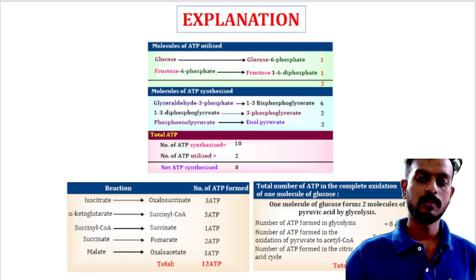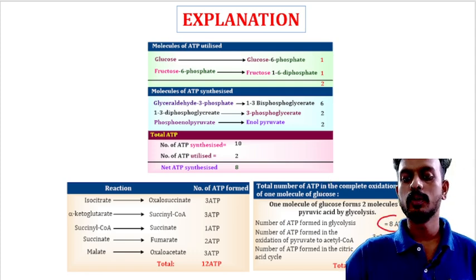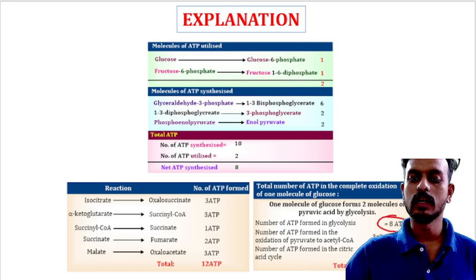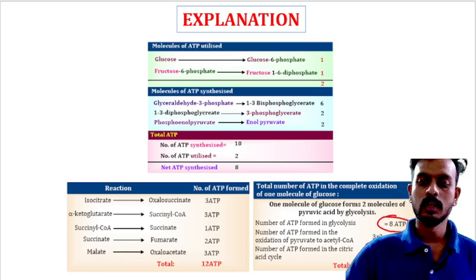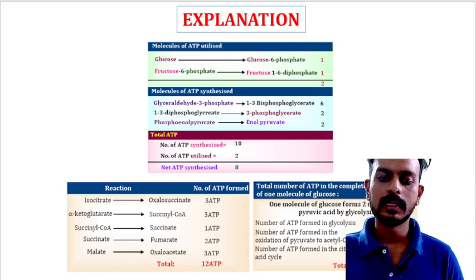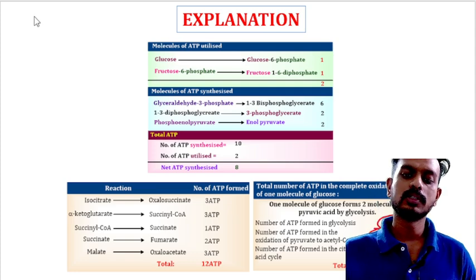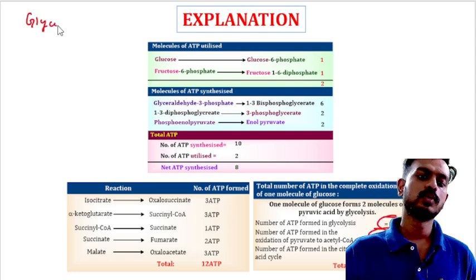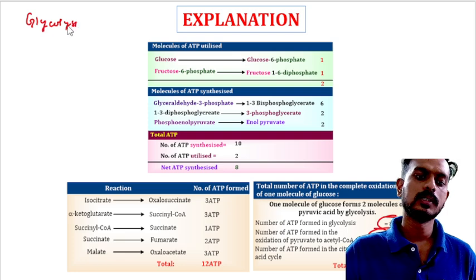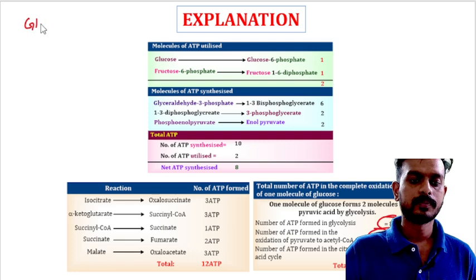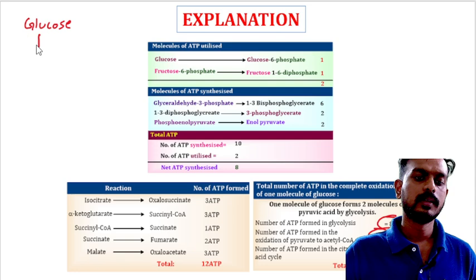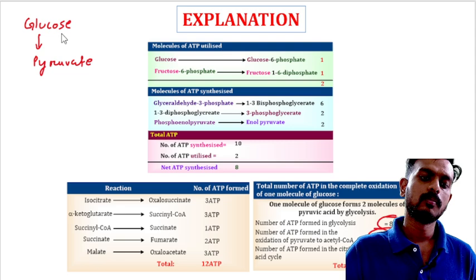Total ATP produced during glycolysis is 8. Total ATP formed from the TCA cycle is 24, and 6 ATP is formed during conversion of pyruvate to acetyl coenzyme A. So what happens during glycolysis? Your glucose is converted to pyruvate.